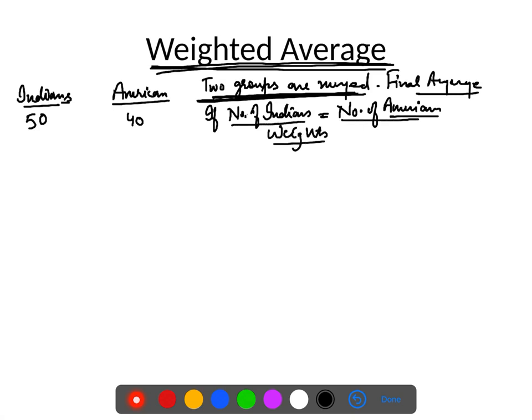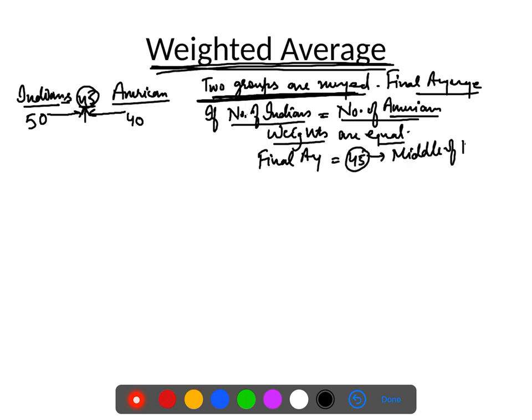If the weights are equal on both sides, it's like a weighing pan. If we have the same weight on both the pans, the needle will be exactly in the middle, which is the midpoint of 50 and 40, that is 45. So the final average will be 45, the middle of the two.